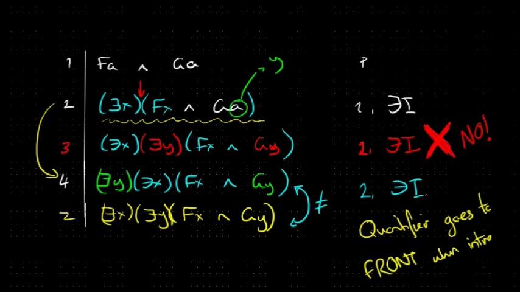Whenever we introduce a quantifier, it's always going to go to the front of the formula that we're applying it to. So when we introduce the EY, it has to go to the front of the previous formula, EX, FX, and GA. So an EY has to be added onto the front of that. So we could only derive 4, not 3. Okay?